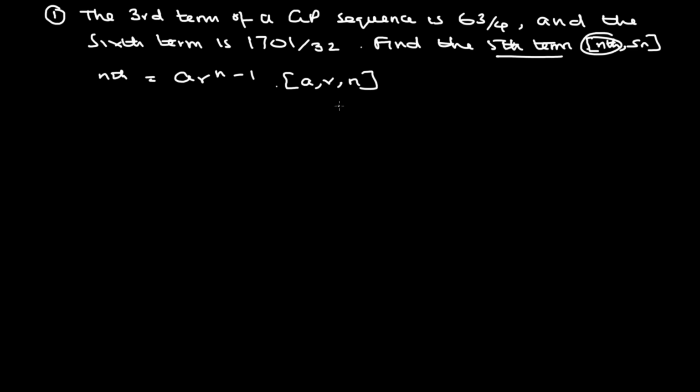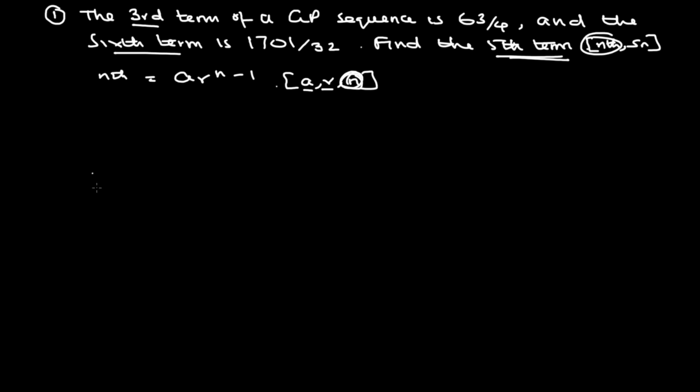It's only A, R, or N. But here, it looks like we're going to deal with A and R because they've given us N. So they've given us the N here, they've given us N there, and they've given us N here. So this is not something that we need to calculate. It's already been given. So we're dealing with this. So these are two values that we should be working towards, or variables, right?